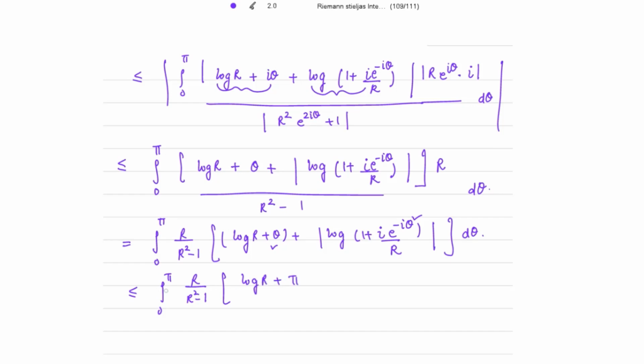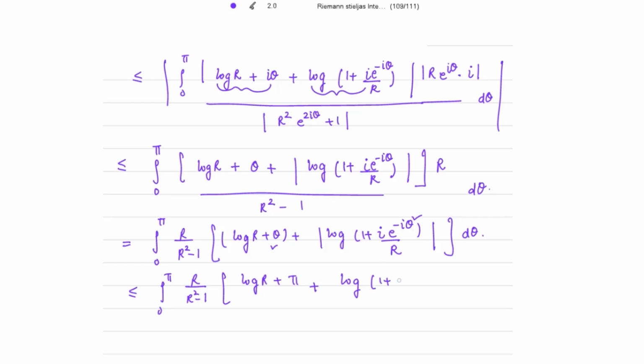Obviously this term will be greater than the previous one, plus log of, now e to the power negative iota theta is a decreasing function, and whenever there is a decreasing function, that function will be maximum at the lower limit. And what is the lower limit? That is 0. So to maximize the decreasing function, I have to use the lower limit over here.